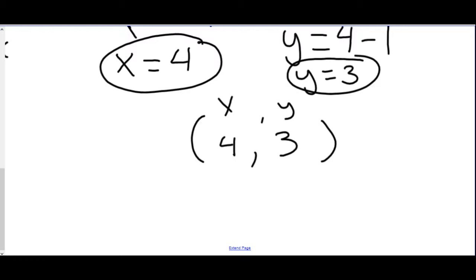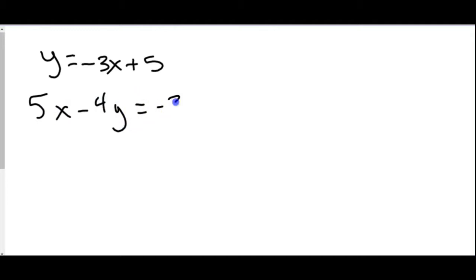So again, with substitution, let's do a recap. Let's say we have y equals negative 3x plus 5, and 5x minus 4y equals negative 3. We know it's good for substitution if we have one letter all by itself, like the letter y.